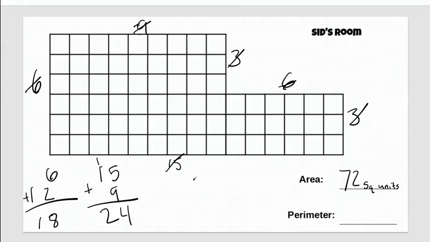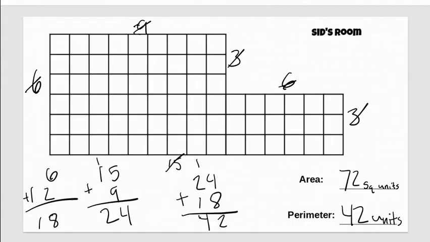So 24 and 18 together now. 4 plus 8 makes 12. And then 1 ten plus 2 tens is 3 tens plus 1 more is 4 tens. So the perimeter of the entire room, the total distance around, is 42 units.